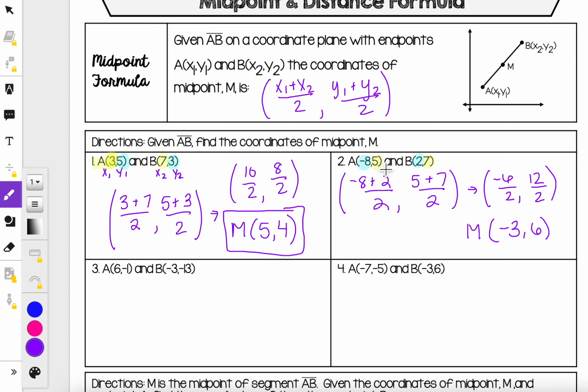If I take a look at number 3, again, I'm going to just label those coordinates.